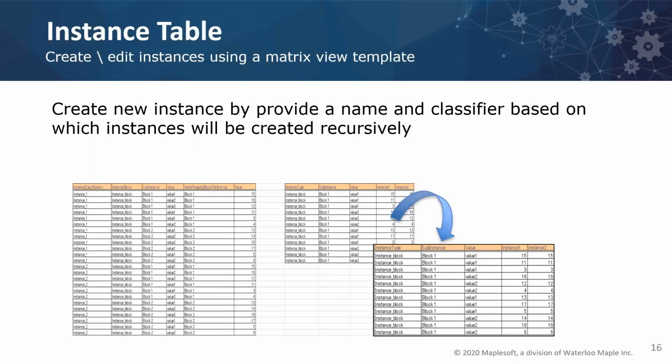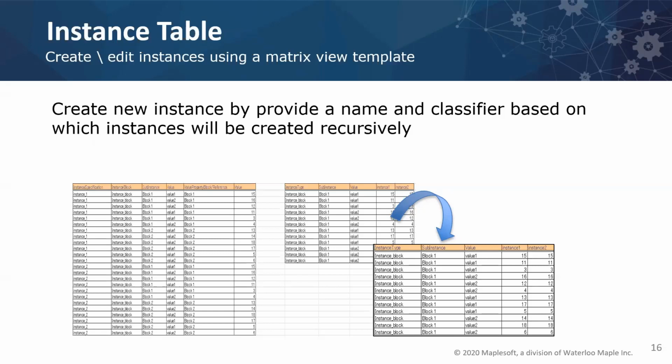The other part is the instance table. If we have been working with instance specifications, and you want to create an instance tree for a top level component, you need to create an instance for each of those components and say that one of the sub instances belongs to the top level instance. So you need to do a lot even with the modeling tool itself, but we created a separate feature within the template file.